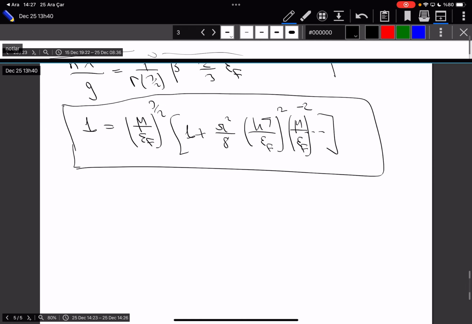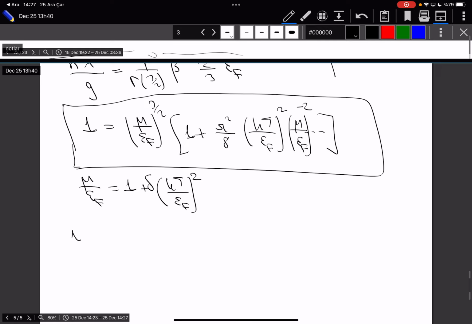Well, let's solve this equation and give a break after that. I already know mu over epsilon Fermi is 1 at T equal to 0, and I would like to calculate a correction to that. The solution will be a function of kT over epsilon Fermi squared. So if I imagine a Taylor expansion, it will be a Taylor expansion in kT over epsilon Fermi squared, not kT over epsilon Fermi. Let me assume that the coefficient is delta.